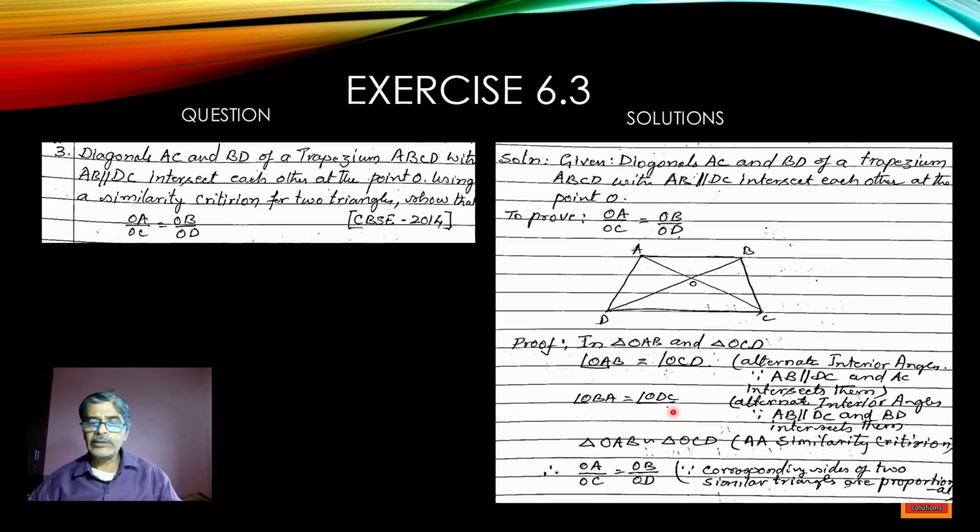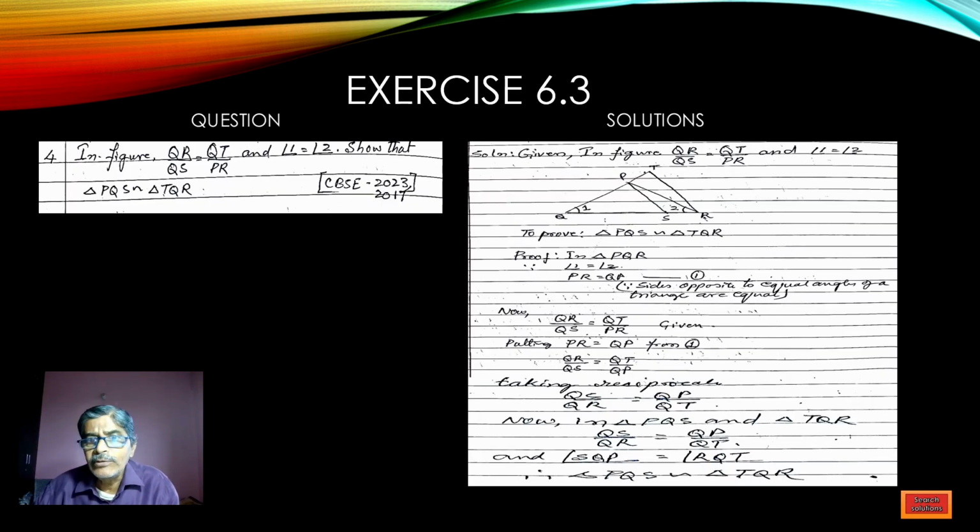Alternate interior angles, because AB is parallel to DC and BD intersects them. Then triangle OAB is similar to triangle OCD by AA similarity criterion. Therefore, OA by OC is equal to OB by OD, because corresponding sides of two similar triangles are proportional.